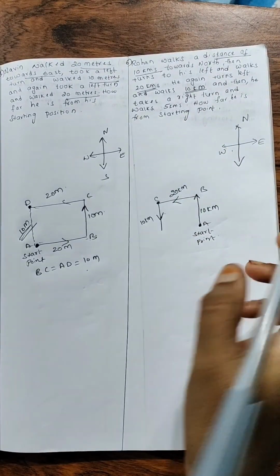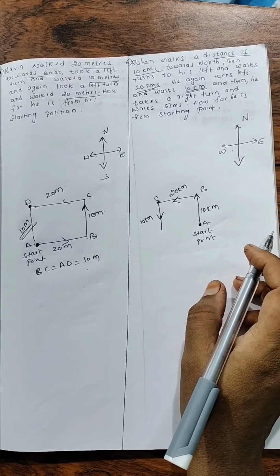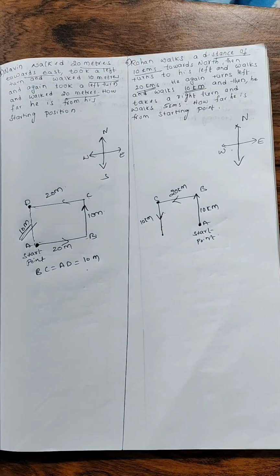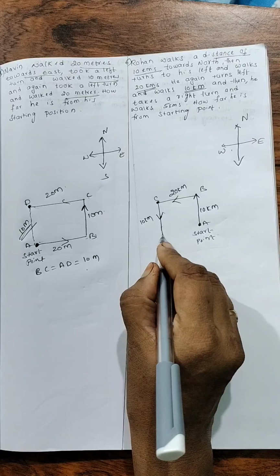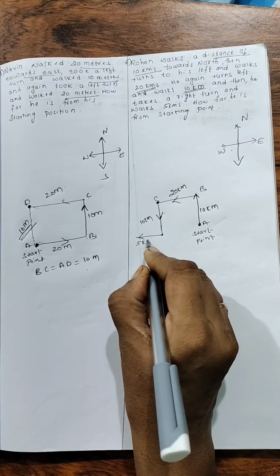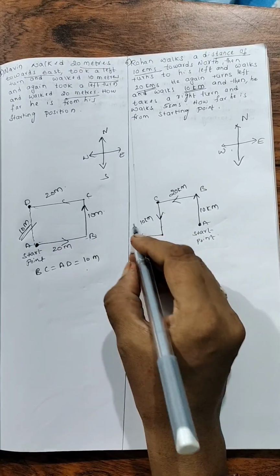Then again he takes a right turn. Now he stood here, so this becomes right. He took a right turn and walked 5 kilometers.